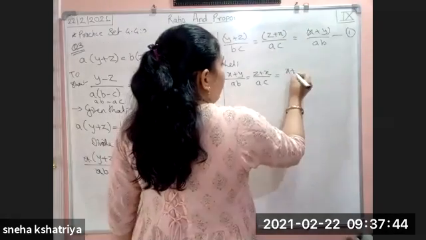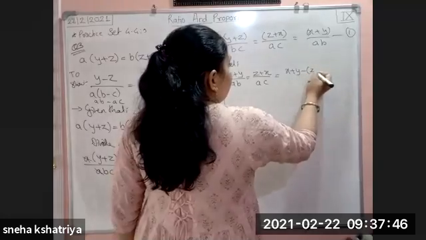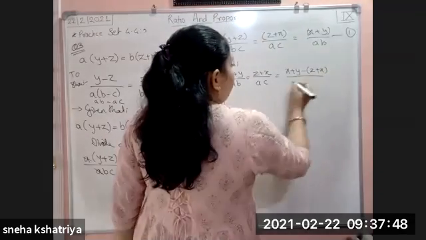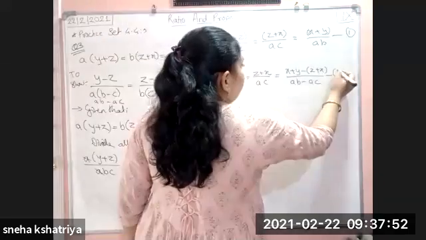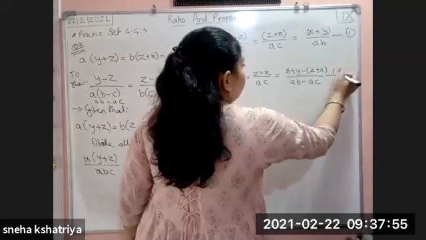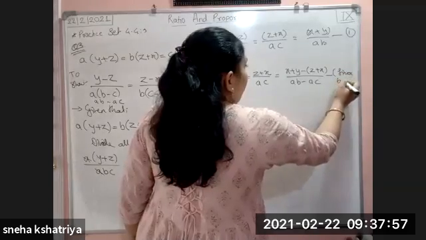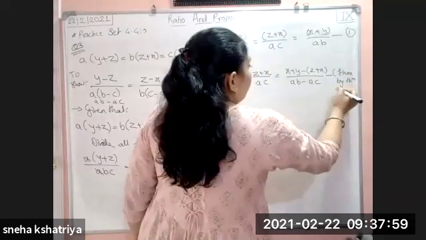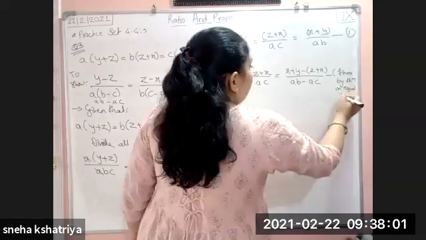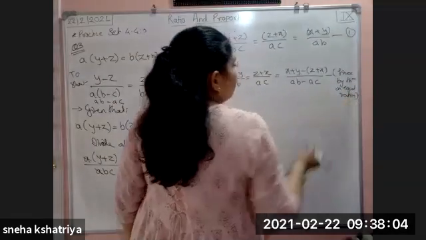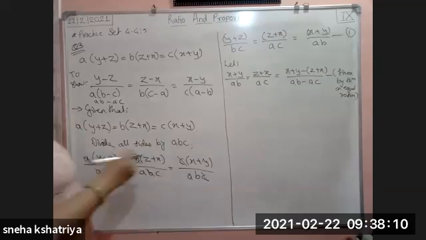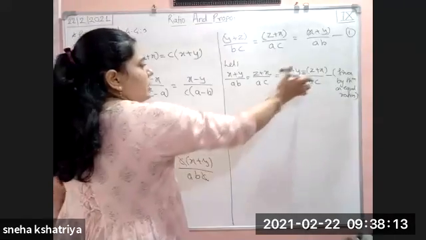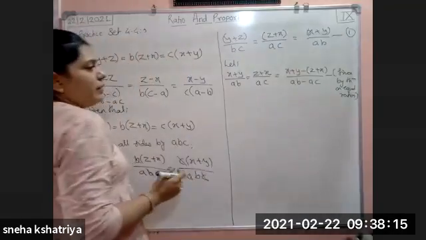So what will we get? X plus y minus z plus x divided by AB minus AC, by using the theorem on equal ratios. We have used that theorem and we have subtracted them. So what will we get here?